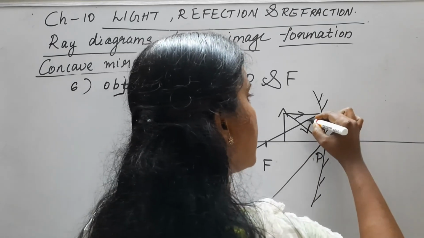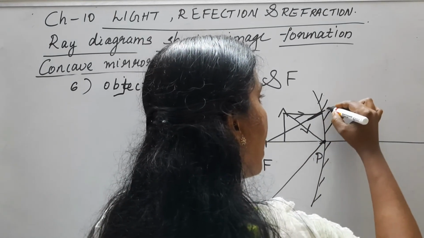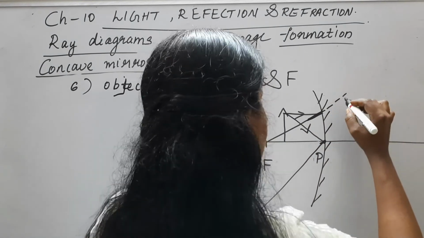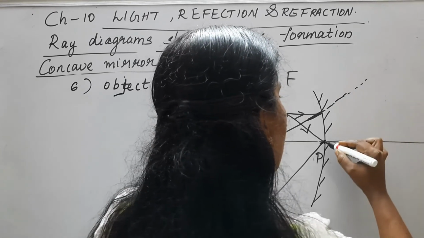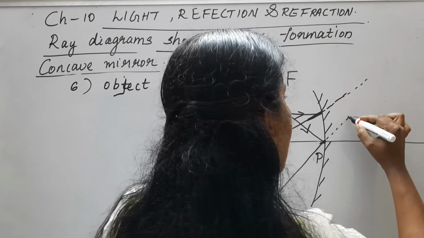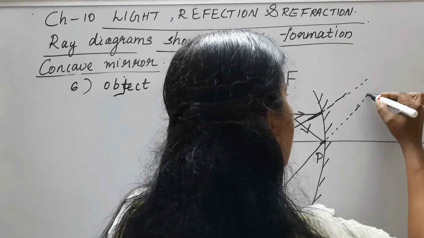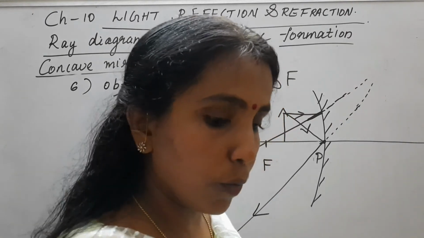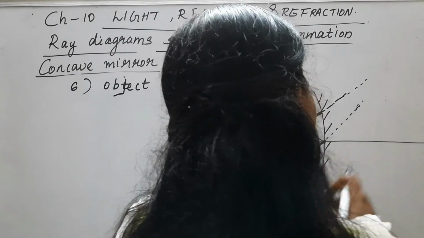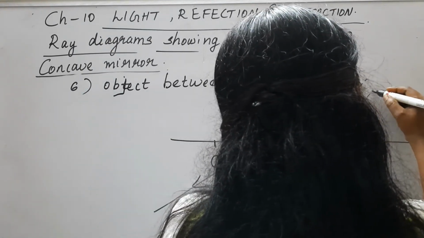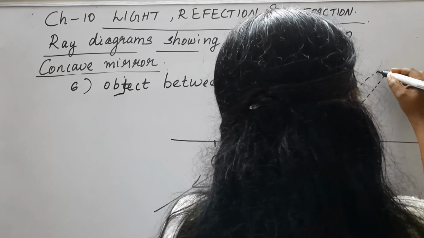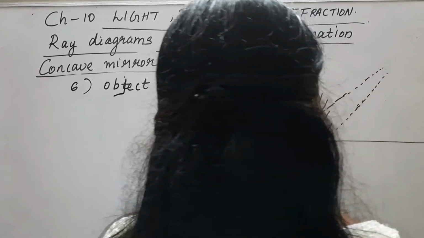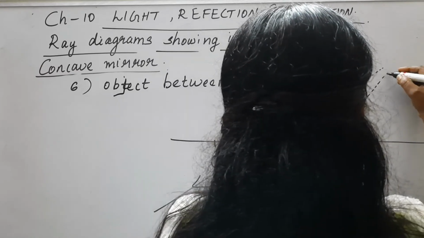So if we extend the rays backwards with dashed lines, without changing direction, you can draw with your scale. You will not have a change in direction.